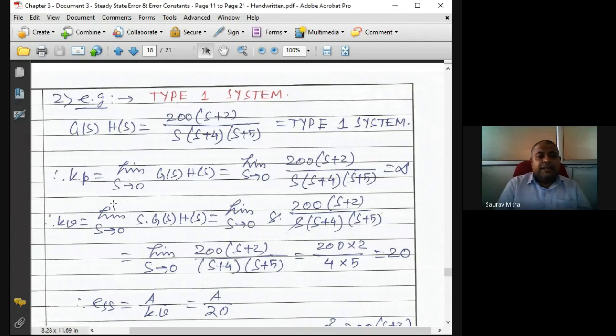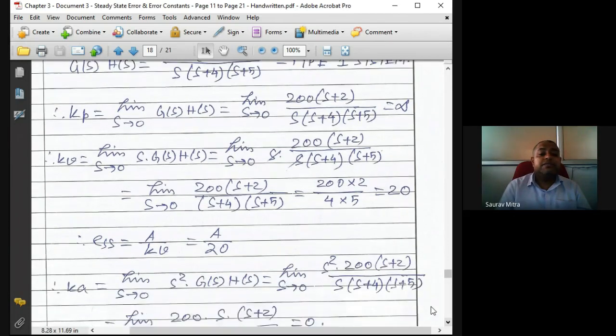Kv, in case of this type 1 system, is limit s tends to 0 of s into G(s)H(s). So s and s get cancelled, then substitute s tends to 0. It will be 200 into 2 divided by 4 into 5, so it will be 20. So ess is equal to A divided by Kv.